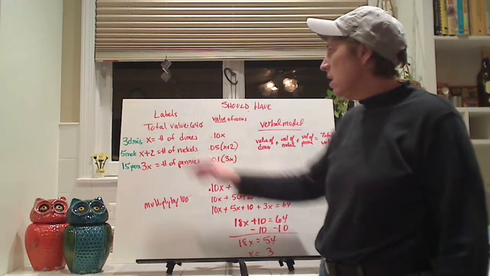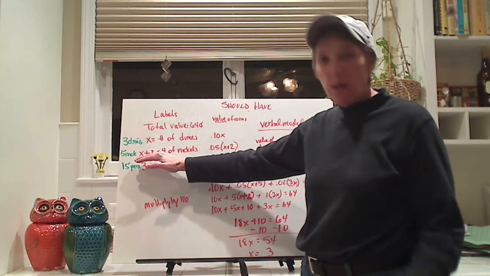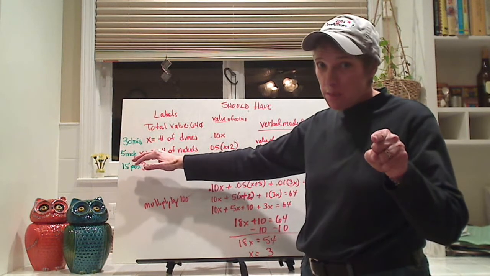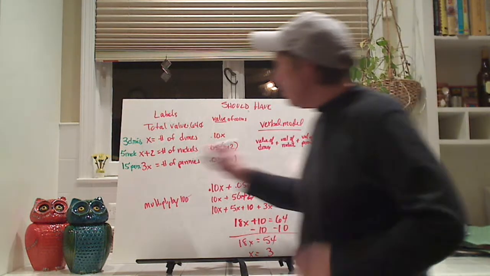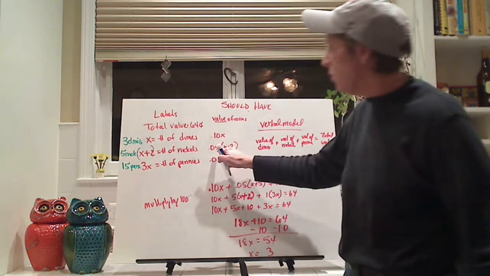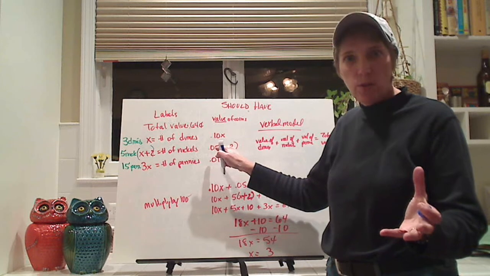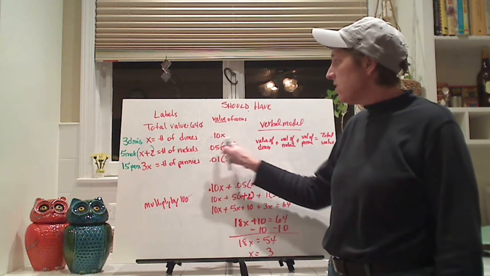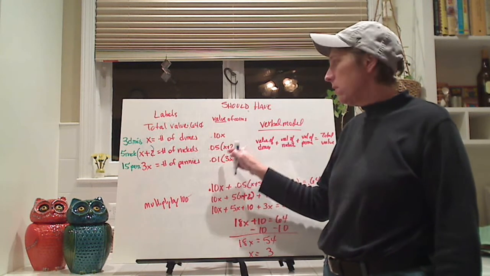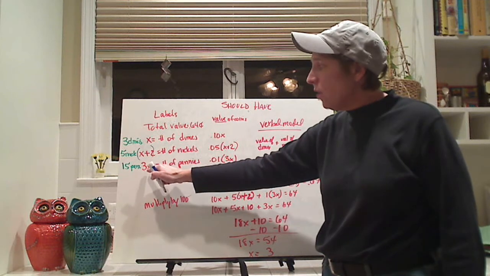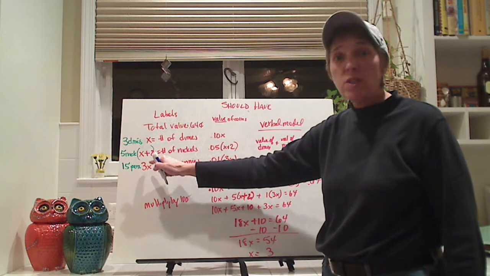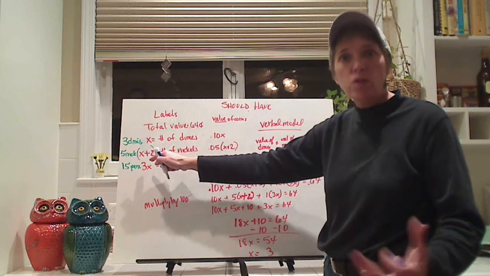Very important. The number of nickels is the quantity x plus 2, and you might even want to write that in there, because you have to distribute when you're talking about the value of the coins. 5 cents times the quantity x plus 2. And then the total number of pennies was 3 times the number of dimes, so it's 3x.